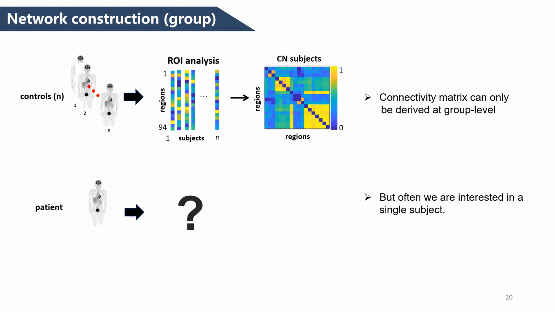As I said, the conventional way to construct a connectivity network for PET is at a group level. This means one would need a group of scans, but due to the high heterogeneity of body metabolism, we are often interested in the condition of a single subject. So the question is, how can we model the connectivity for single subjects per scan image, just like for brain MRI?